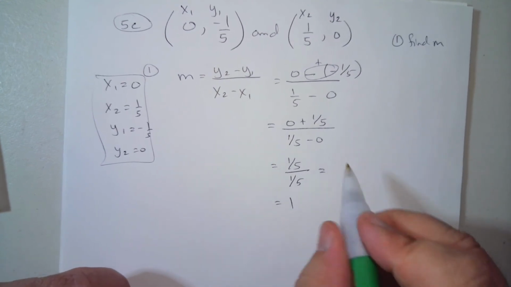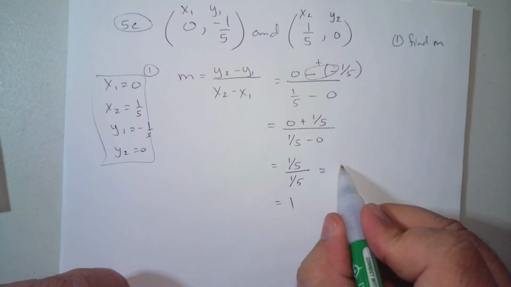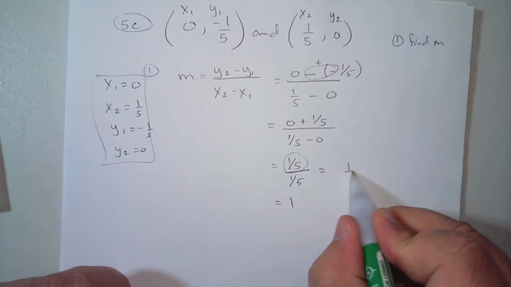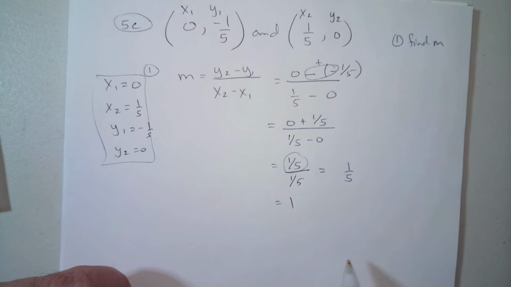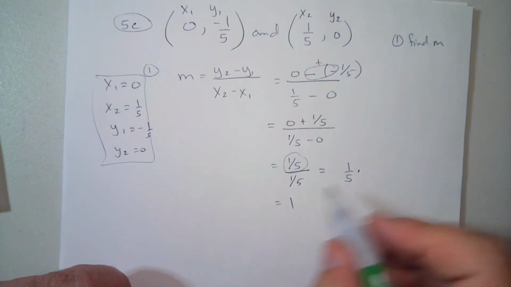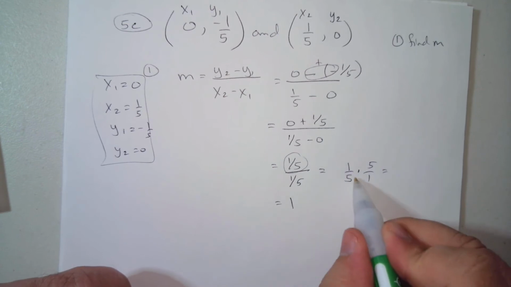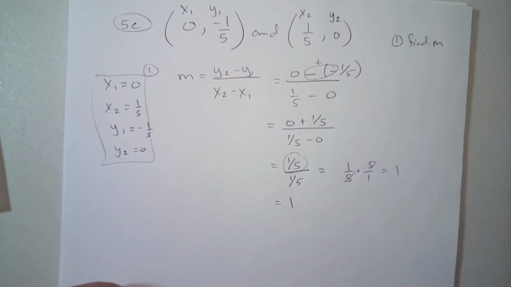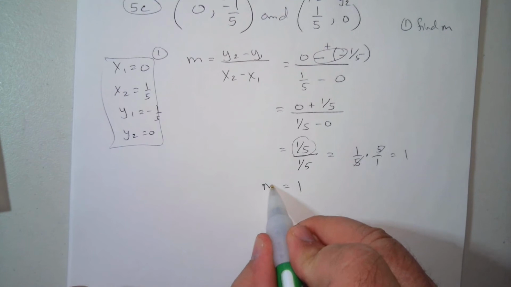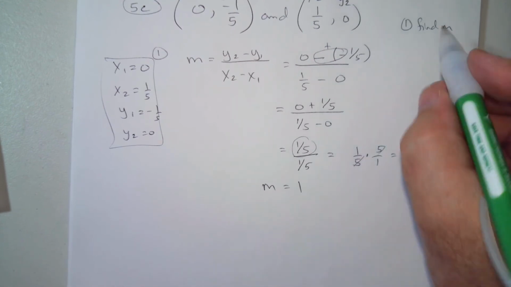But let me show you mathematically what's going on. Since we have a fraction over a fraction, take the top one, leave it alone, multiply by the flip of the bottom. So the 5's cancel, so we just have 1. So that's my slope.